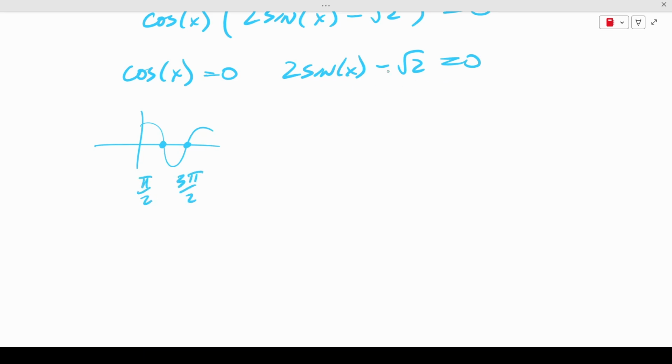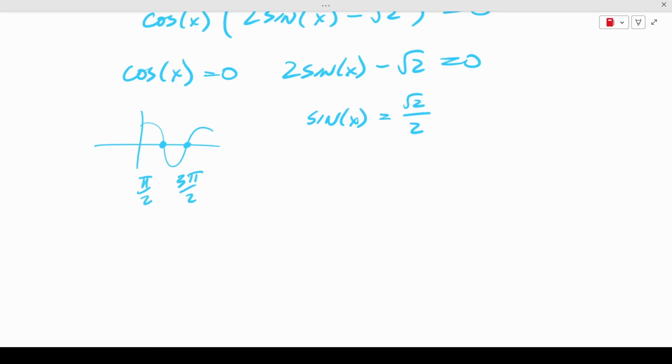This one here, well, I'll add root 2 to both sides and divide both sides by 2. This is root 2 over 2. Okay, now some of you are going to look at that and say, oh, I know what that is. This is a special angle. Some of you might need a little bit more convincing, and that's okay.